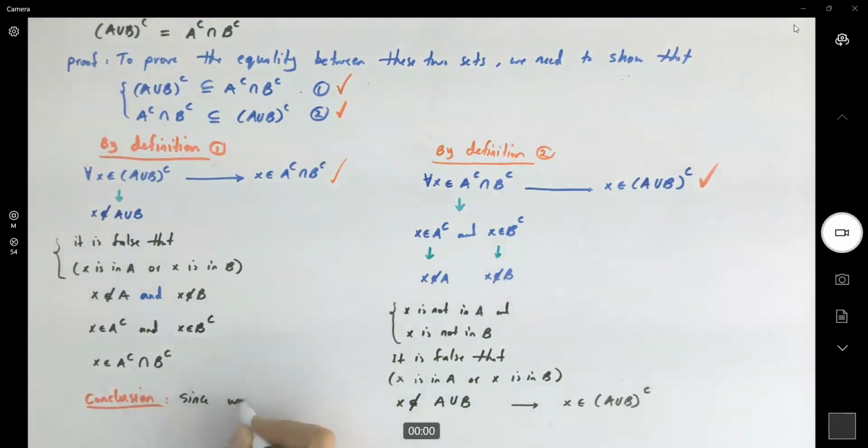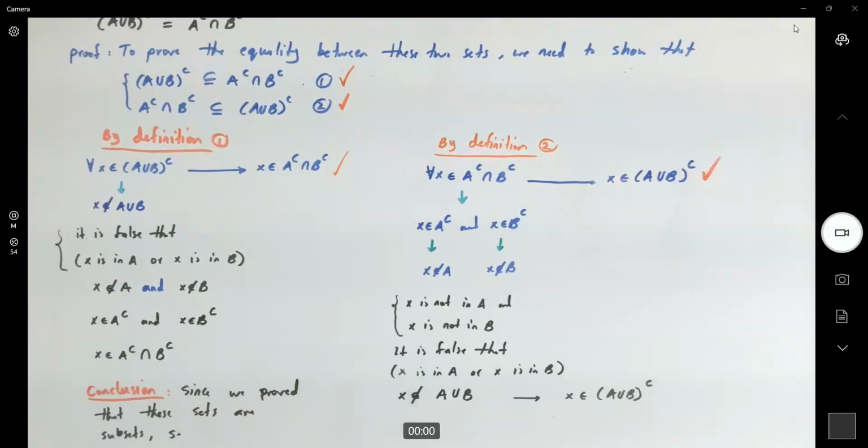Since we proved that these sets are subsets of each other, they are equal to each other. So they are equal. Okay, we're done with the proof for De Morgan's laws.